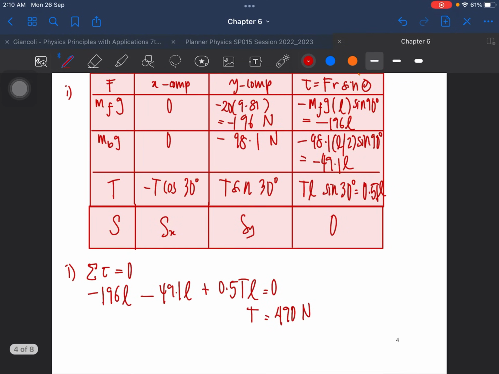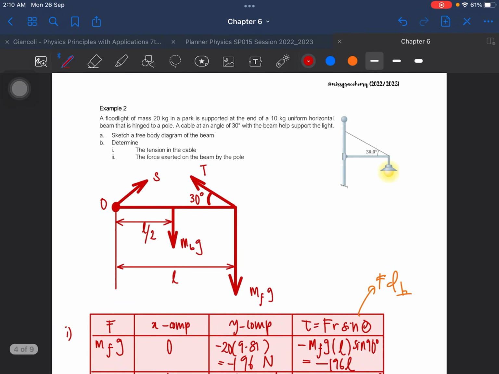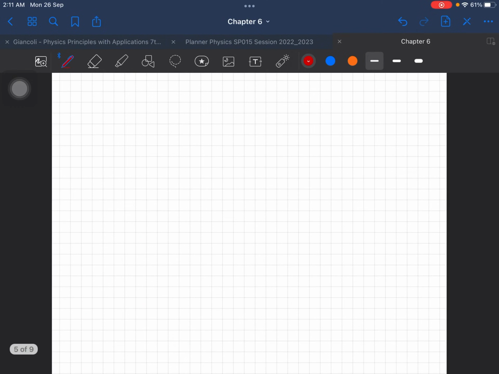Okay, lepas tu kita perlu cari pula, what do we need to find? The force exerted on the beam by the pole, which is the shear force. Okay, so for this question, we need to apply the total force in the x component equal to 0, where you will get this equation supaya dapat the value of shear force in the x component.